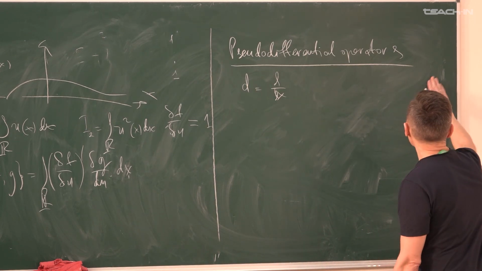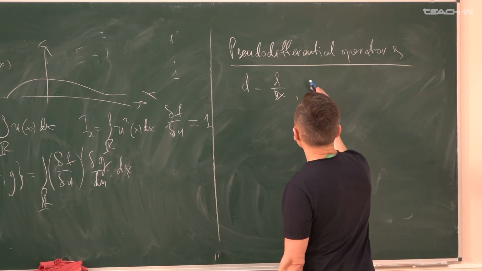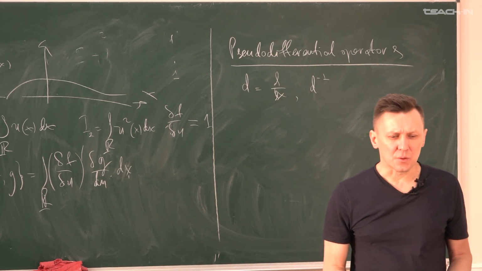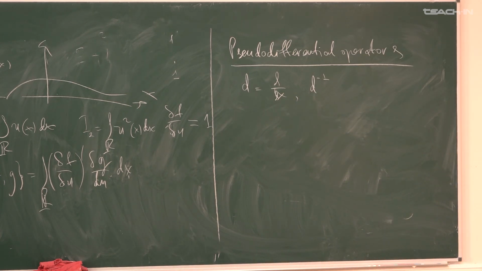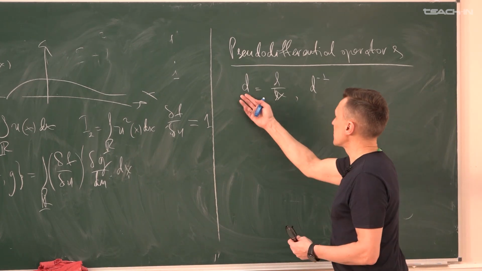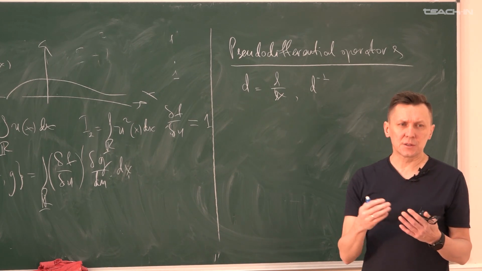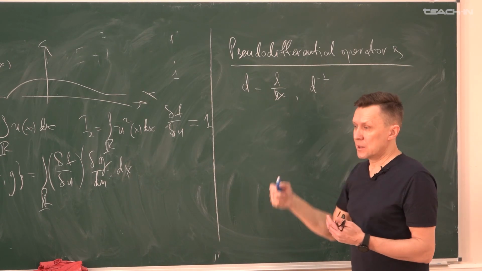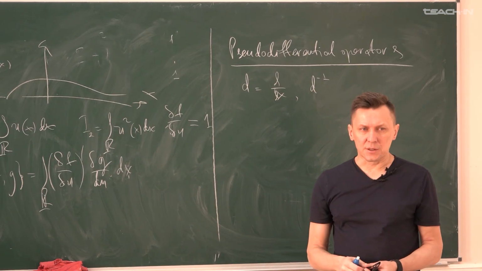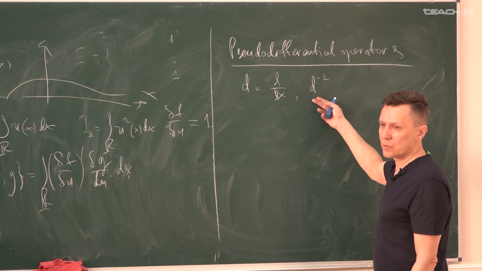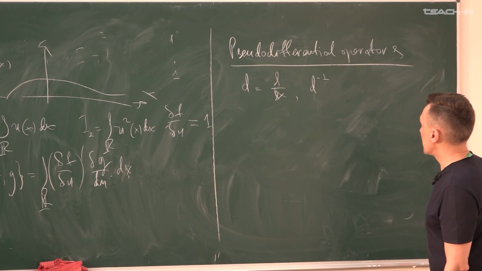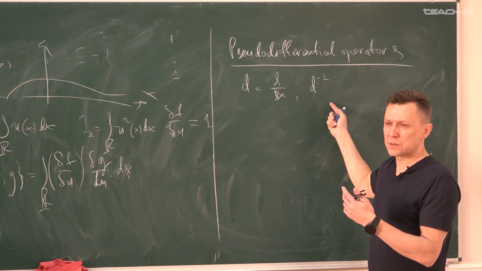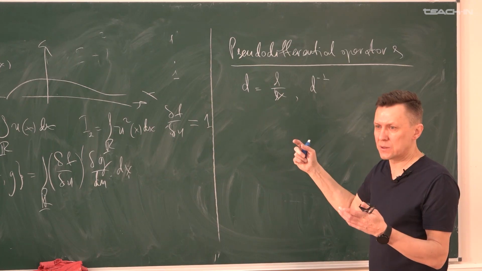And let us just formally consider its inverse operator. Acting on functions it is not invertible. But we can consider the algebra of all differential operators in the variable x, and consider its localization. So just consider this formal symbol, and we have to understand how to multiply this operator with other differential operators.